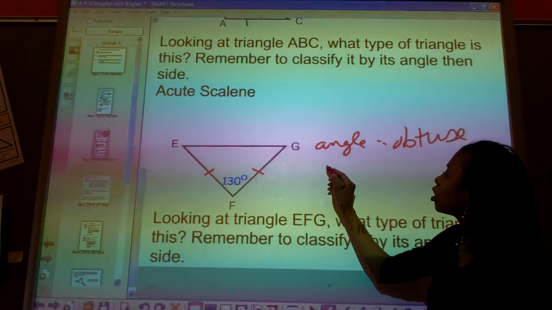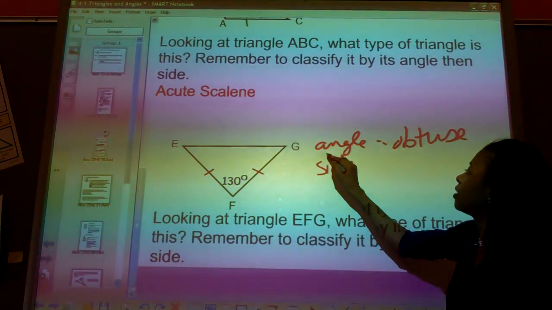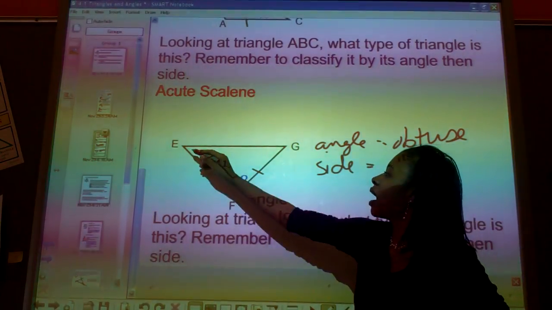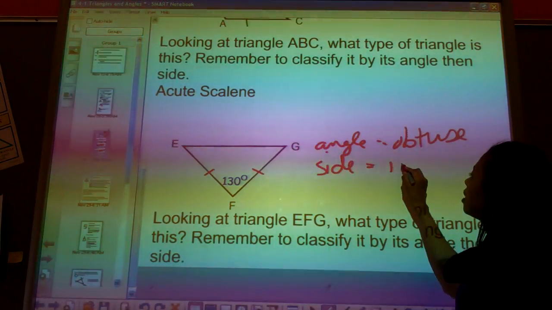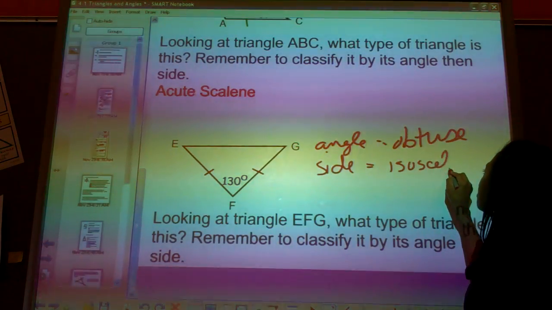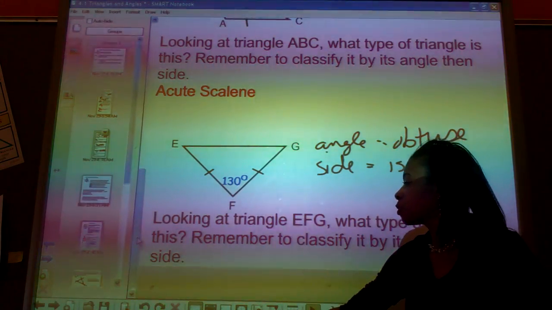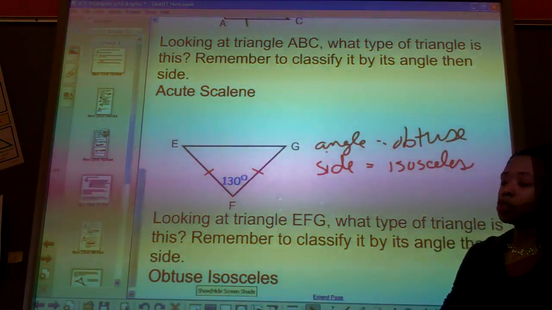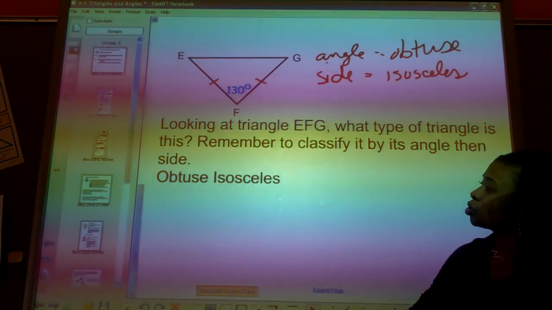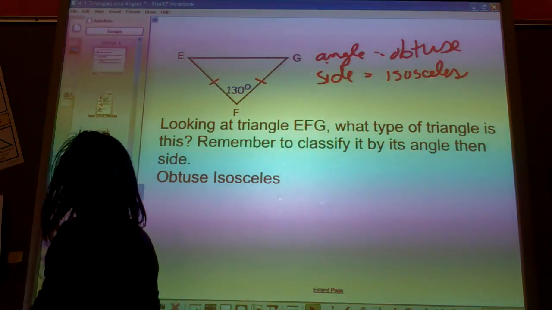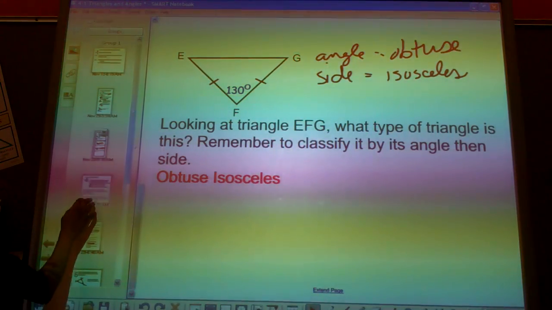Then I'm going to classify this triangle by side. I see clearly that 2 sides are congruent. That means that it's going to be an isosceles. So how do I call this particular triangle? This is an obtuse isosceles triangle.